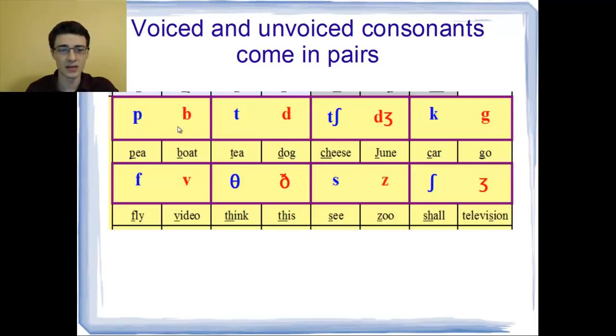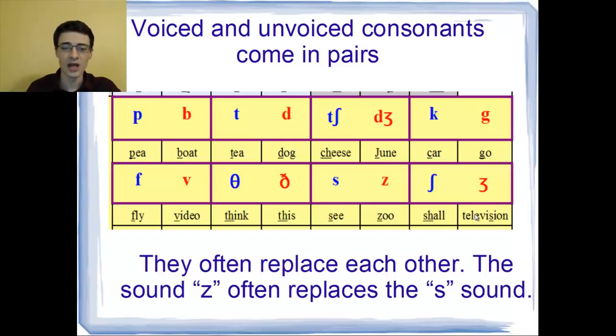P as in pea, B as in boat, T as in tea, D as in dog, Ch as in cheese, J as in June, K as in car, G as in go, F as in fly, V as in video, Th as in think, Th as in this, S as in see, Z as in zoo, Sh as in shall, J as in television. They often replace each other. The Z sound often replaces the S sound.